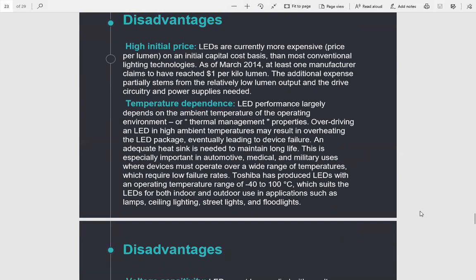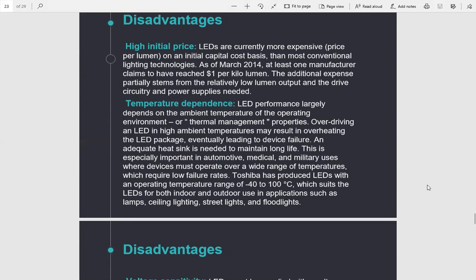Temperature dependence. LED performance largely depends on the ambient temperature of the operating environment or thermal management properties. Overdriving an LED in high ambient temperatures may result in overheating the LED package, eventually leading to device failure, and an adequate heat sink is needed to maintain long life.